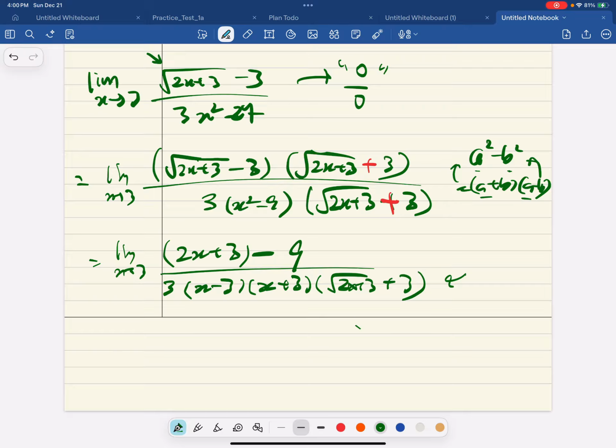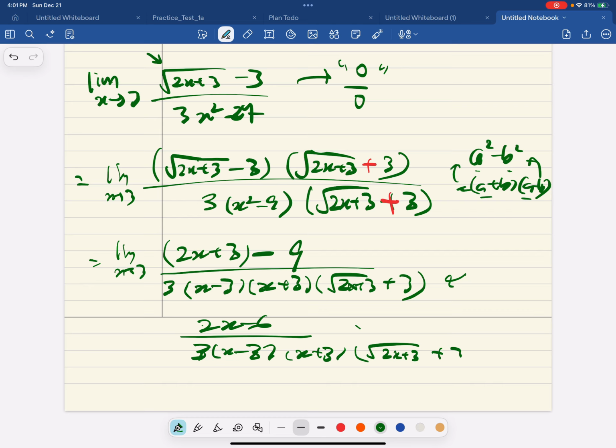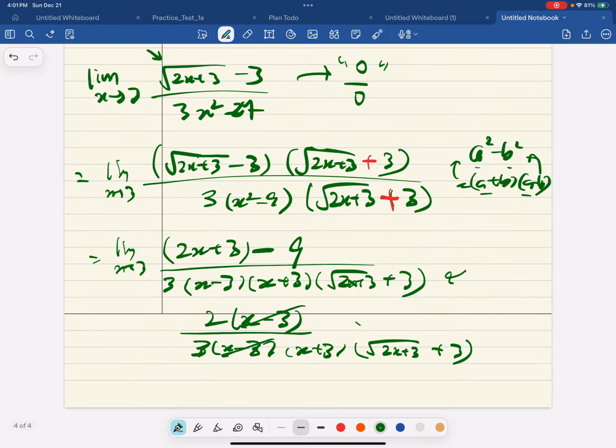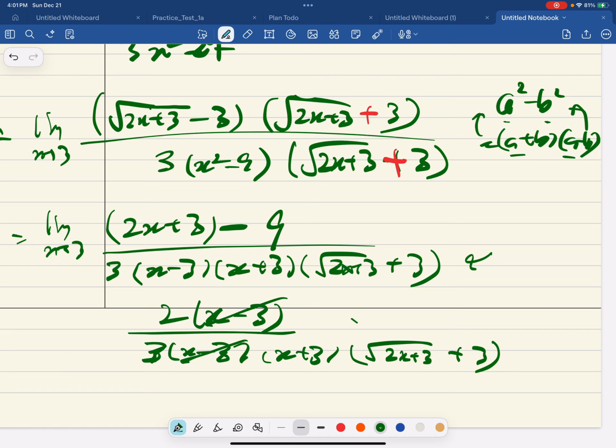You can already kind of see it, but this becomes x to x minus 6 over 3x minus 3, x plus 3, and then root 2x plus 3 plus 3. And here you can even simplify it further. This one will become 2 times x minus 3. And x minus 3, like I said before, cancels out. Stuff will always cancel out.